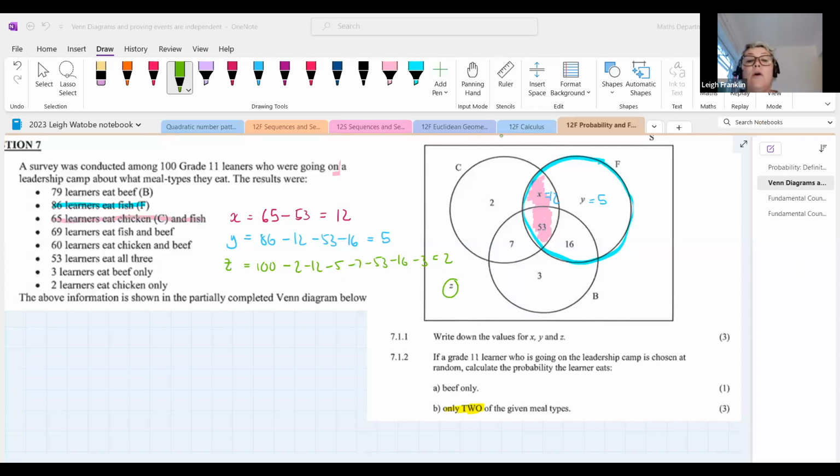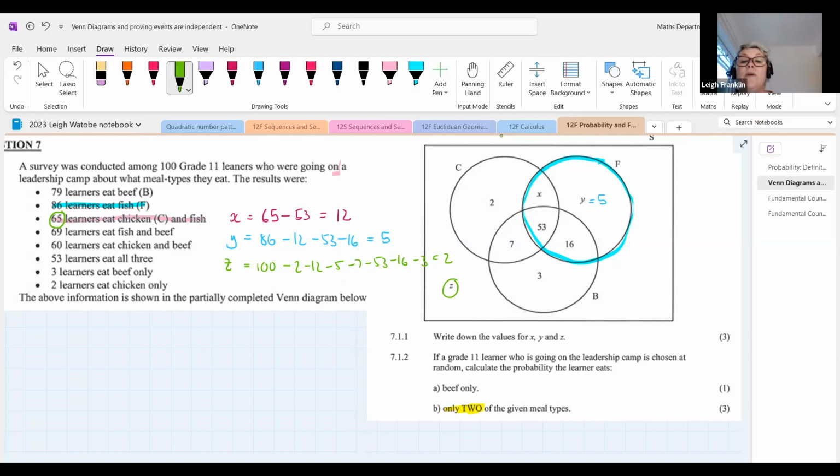Because, Johnny, the pink area is chicken and fish. So it's just this area over here that I'm outlining in green. That's chicken and fish. Okay, so they've told me how many students eat chicken and fish. It's not chicken. So chicken is the whole circle.